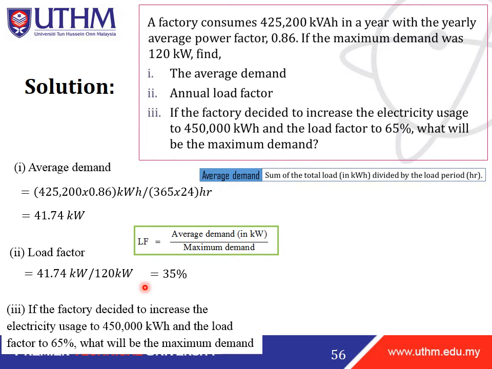And then finally, if the factory decided to increase the electricity usage to 450,000 kilowatt hour, and the load factor to 65%, what will be the maximum demand?